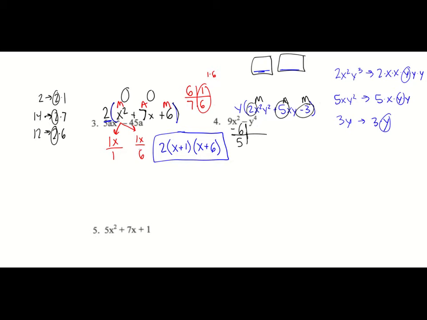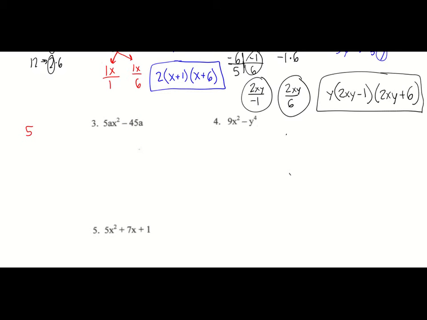This time I only have 2 terms, and I'm going to again start by pulling out my greatest common factor. So if I have 5ax squared, that splits up into 5 times a times x, and then I have 45a, and I can split that into 5 times 9a.